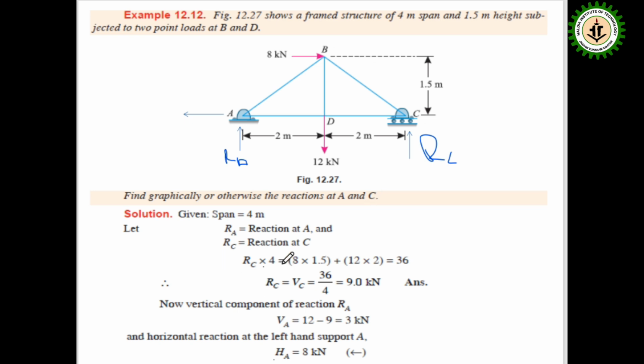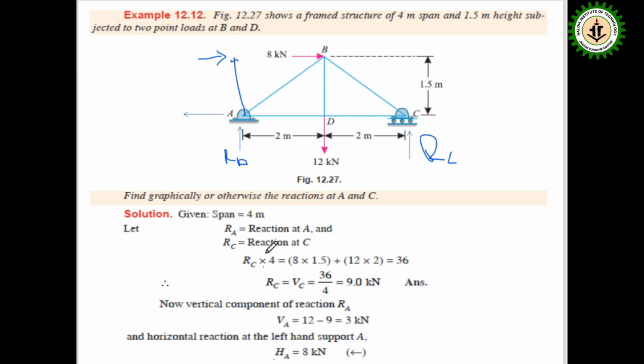So RC into 4 on the left hand side, and on the right hand side we have the force 8 kilonewton into perpendicular distance 1.5. The 8 kilonewton force is going in this direction and the height is 1.5, and this one is clockwise direction.